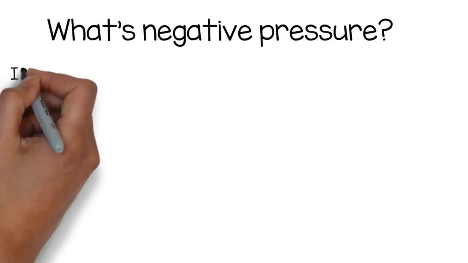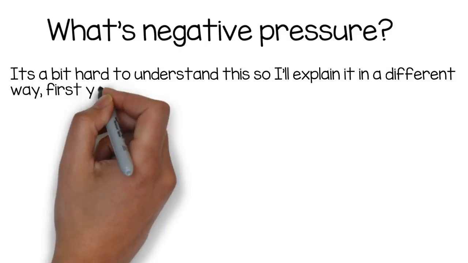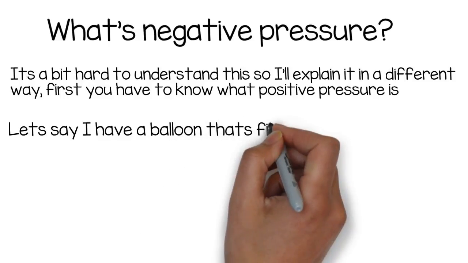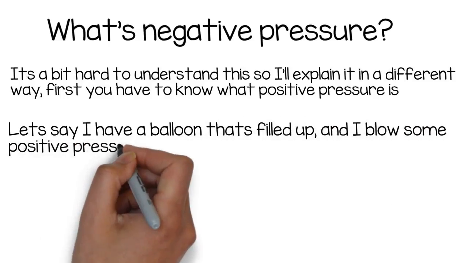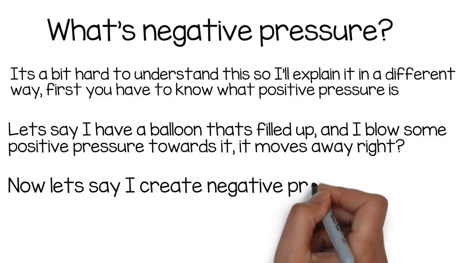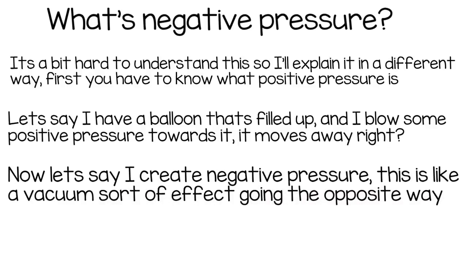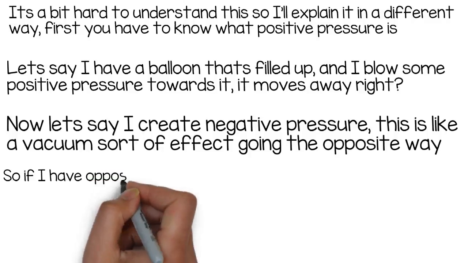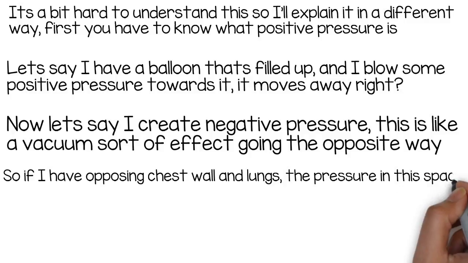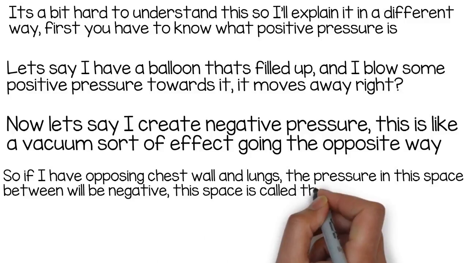So what's negative pressure? It's a bit hard to understand this, so I'll explain it in a different way. First, you have to know what positive pressure is. So let's say I have a balloon that's filled up, and I blow some positive pressure towards it. The balloon moves away, right? Now, let's say I create negative pressure, which is like a vacuum sort of effect, going the opposite way. So if I have opposing chest wall and lungs in different directions, the pressure in this space between them will be negative.